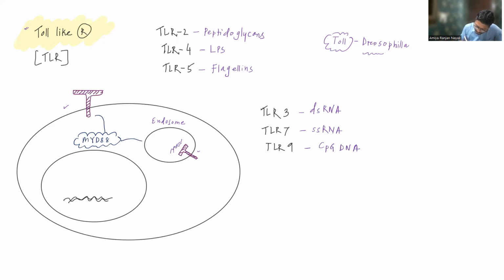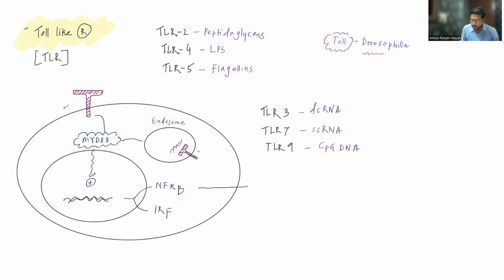Through this pathway, they are going to activate the genes of two important transcription factors. So what are those two transcription factors? Those are NF kappa B, nuclear factor kappa B, and interferon regulatory factor.